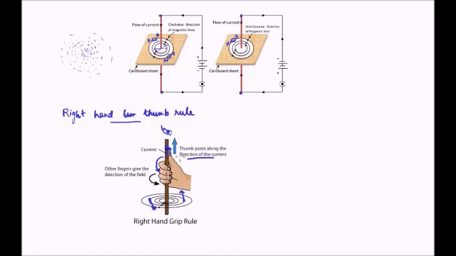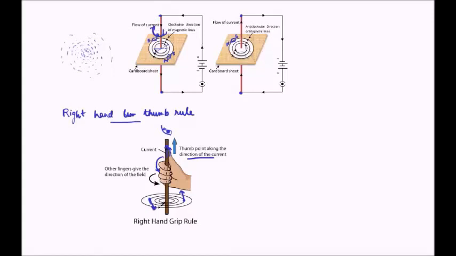Okay, let us extrapolate this and see how this behaves in this scenario. Here our current is flowing from top to bottom. So if you point your thumb downwards and curl the fingers, then you will see that the direction of magnetic field is in this direction, isn't it? If you observe from top, you will see it in clockwise direction.